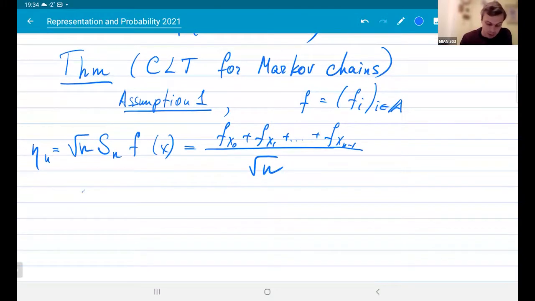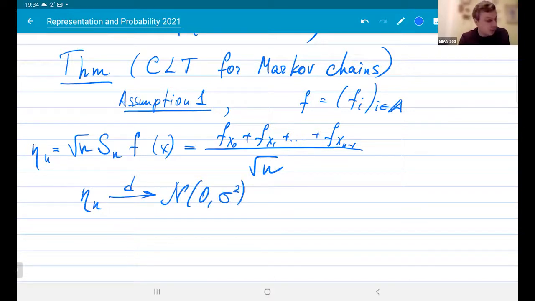Then this eta n converges in distribution to some normal law. And for sigma squared, we can find a formula. Maybe I'll do it in the future when we discuss the proof.